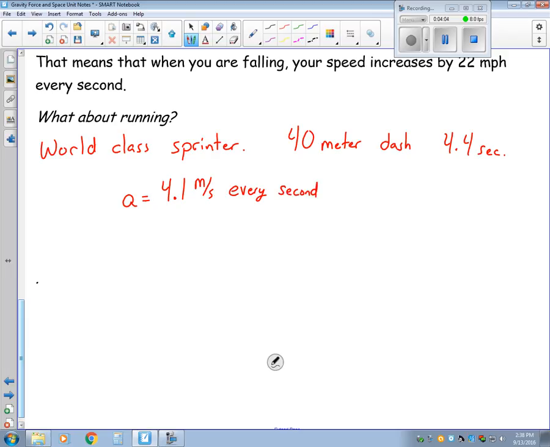So, at 0 seconds, they are traveling at 0 meters per second. After 1 second, they are traveling at 4.1 meters per second. After 2 seconds, they're traveling at 8.2.